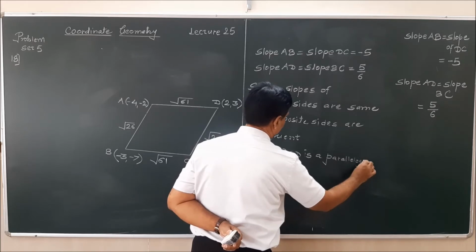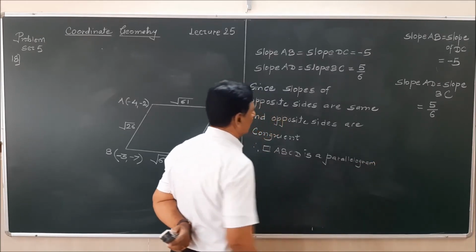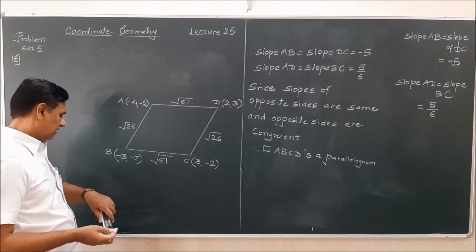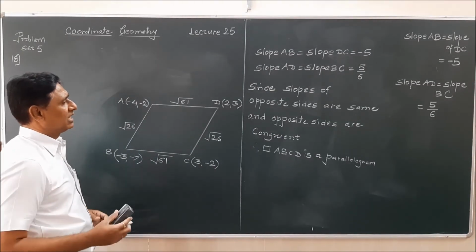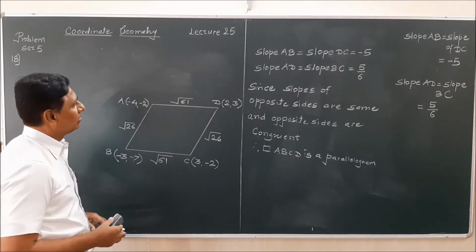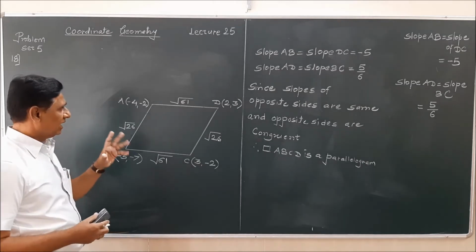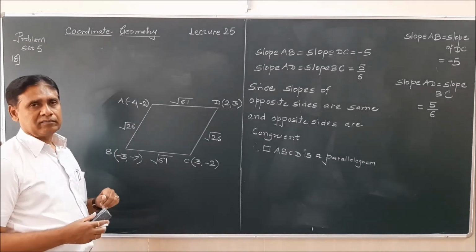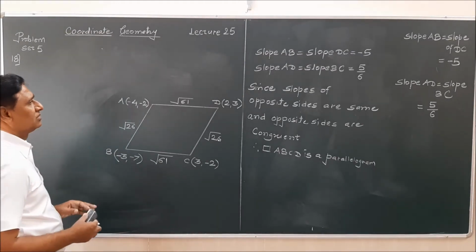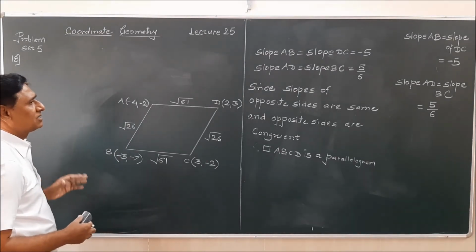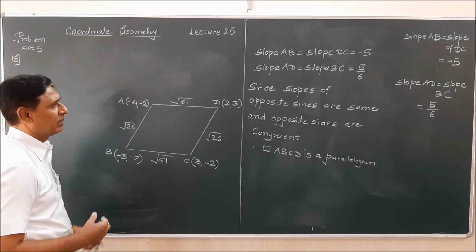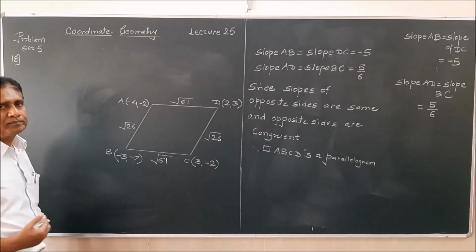Very important. If a pair of opposite sides are congruent as well as parallel, then naturally you will find quadrilateral ABCD is a parallelogram. So this is how you will notice, dear students, that the opposite sides are congruent as well as parallel. So please go through this sum.